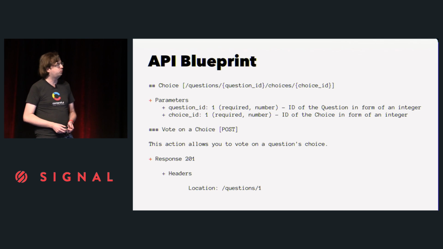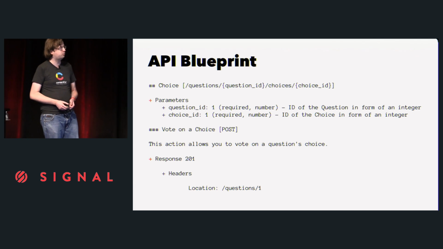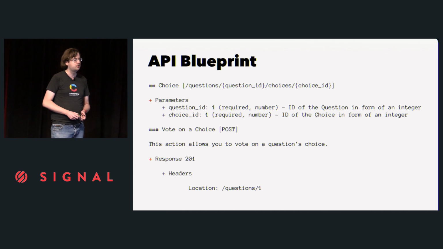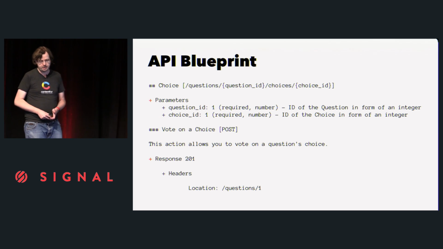And you have things like URI templates there for the endpoints. You specify the parameters with examples. You can then specify specific actions like post, and then you specify the responses or also the request bodies and headers. So this lets you really nicely document what the API does.